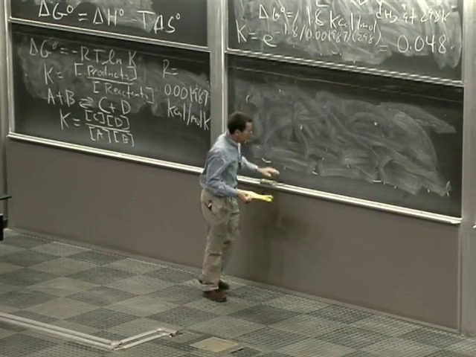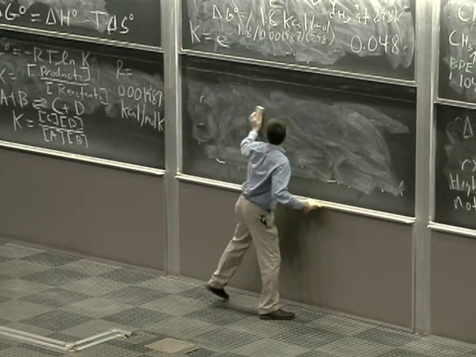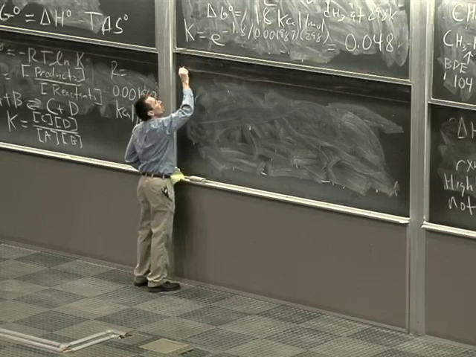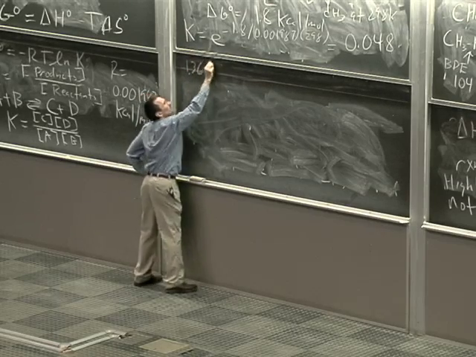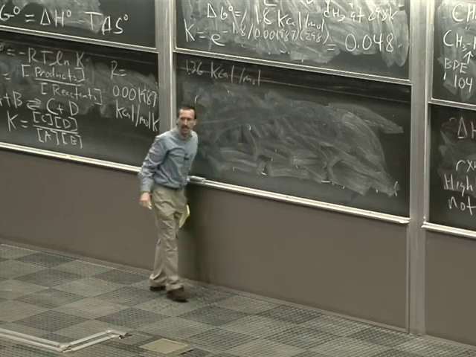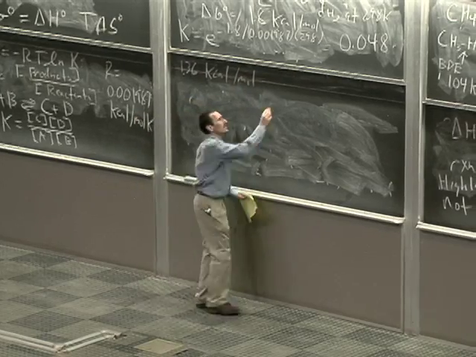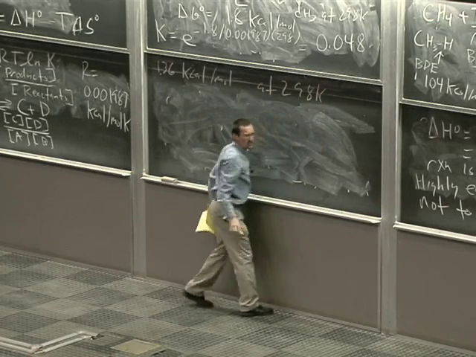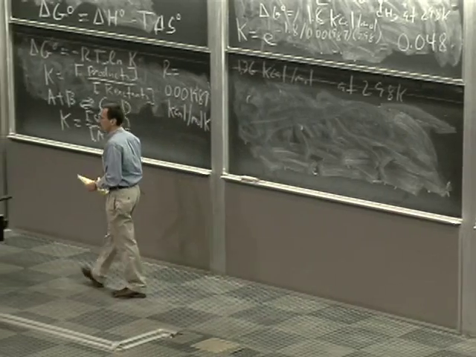The one very useful magic number to keep in mind, 1.36 kilocalories per mole. At room temperature, at 298 Kelvin, that corresponds to a 10 to 1 ratio.